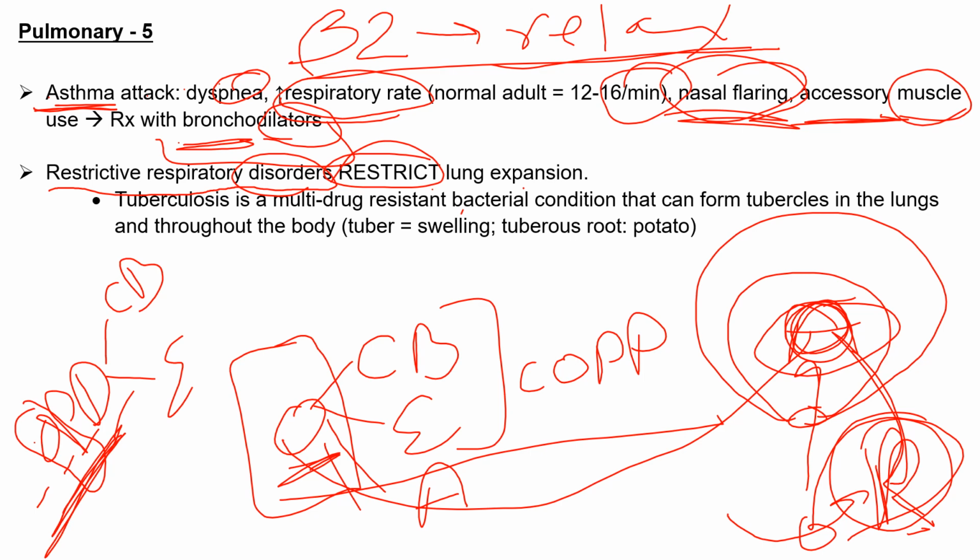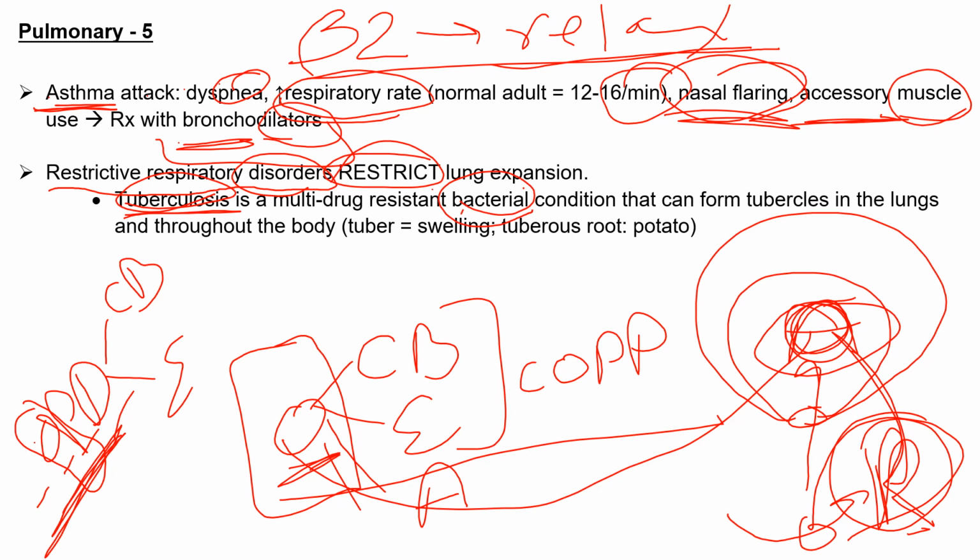What causes them, among others, worldwide definitely tuberculosis, very untrue for the US. We don't have a lot of tuberculosis here. We don't even get vaccinated for tuberculosis here. But worldwide, tuberculosis is a very, very severe condition caused by Mycobacterium tuberculosis, a bacterium.